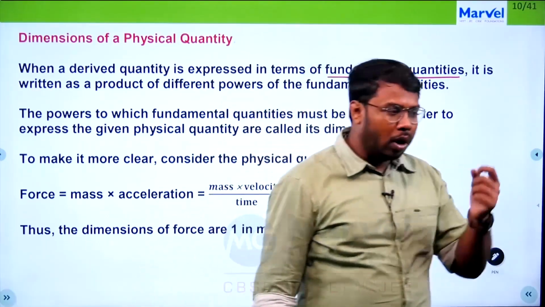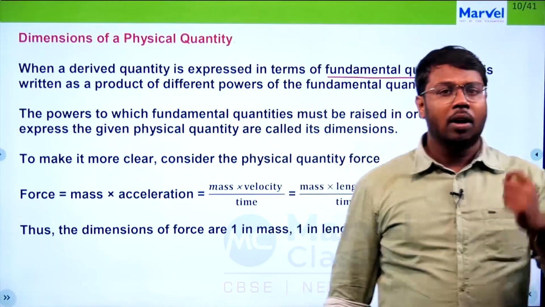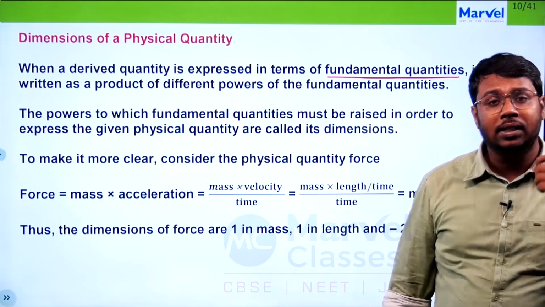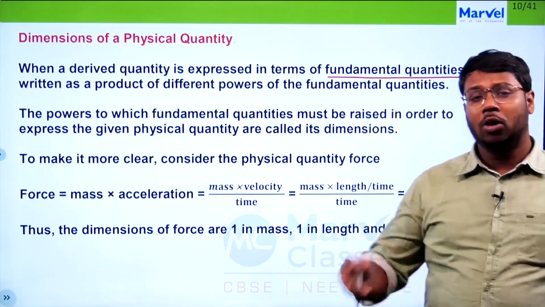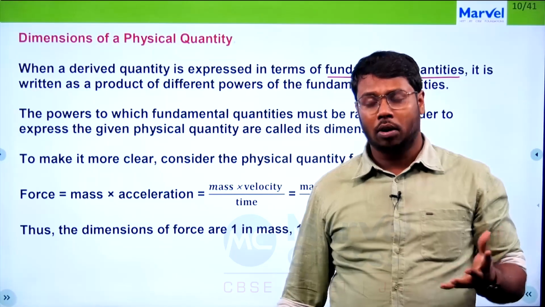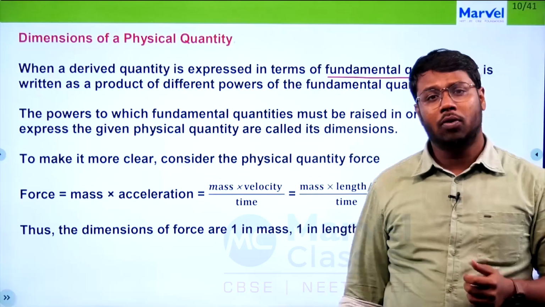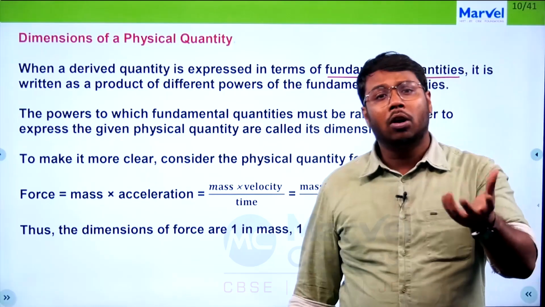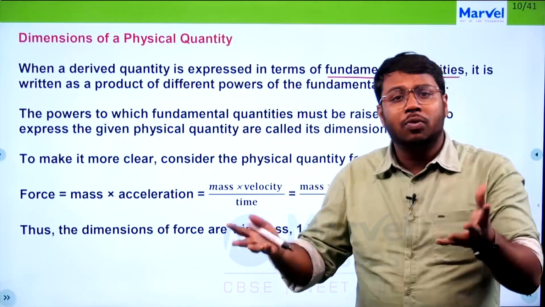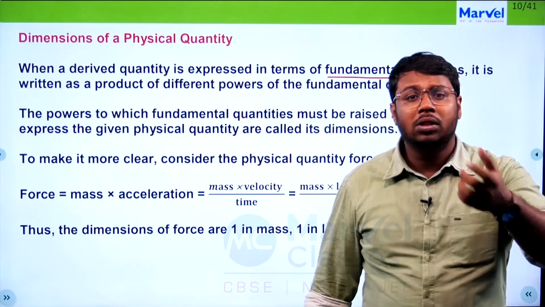But if you observe it very carefully, you will understand what they are trying to say, because there are plenty of quantities that you will be coming across when we go deep into the subject. For example, force, viscosity, surface tension.